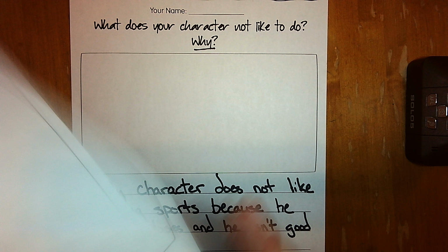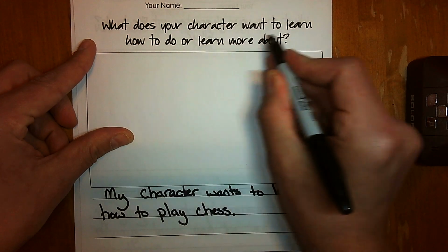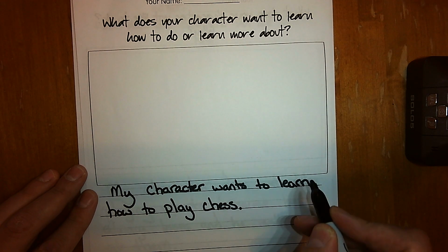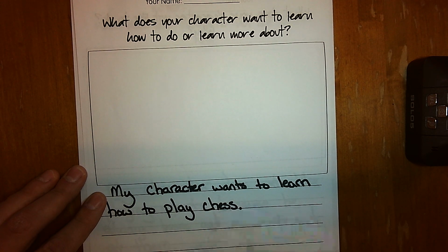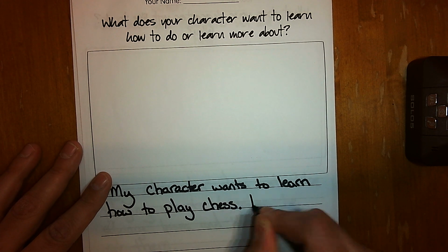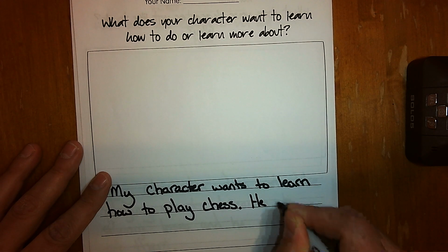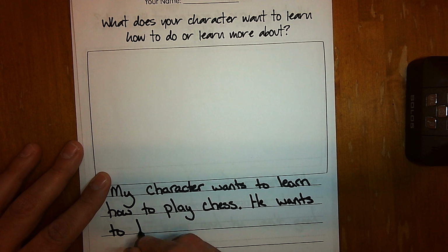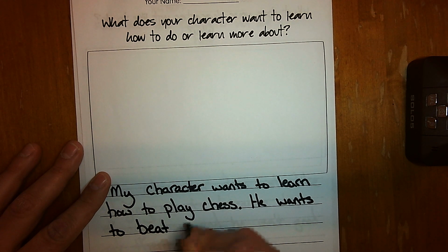The other paper that we have is, what does your character want to learn how to do or learn more about? My character wants to learn how to play chess. Why does my character want to learn how to play chess? Remember, I kind of had that idea. He wants to beat the teacher.